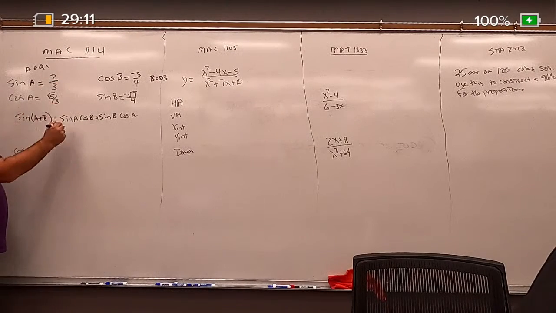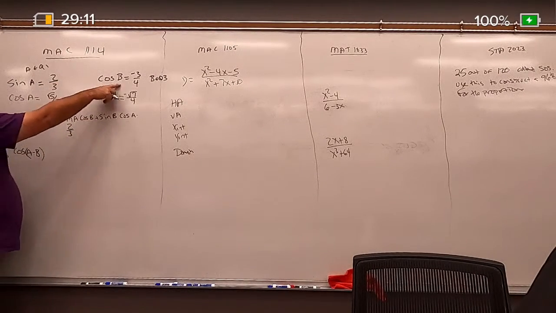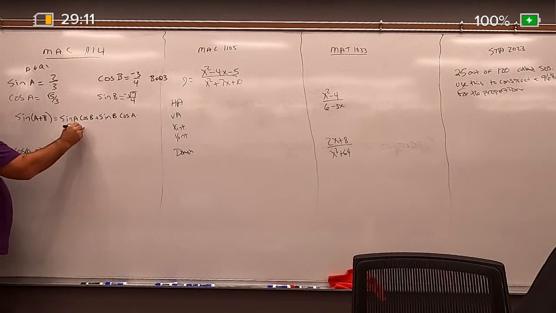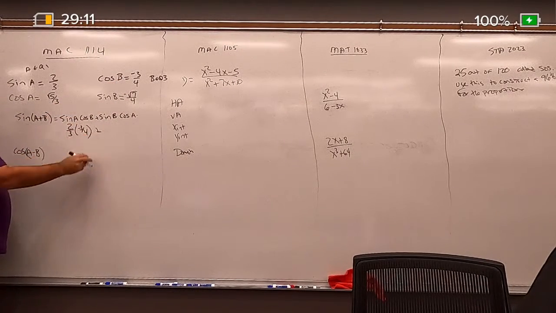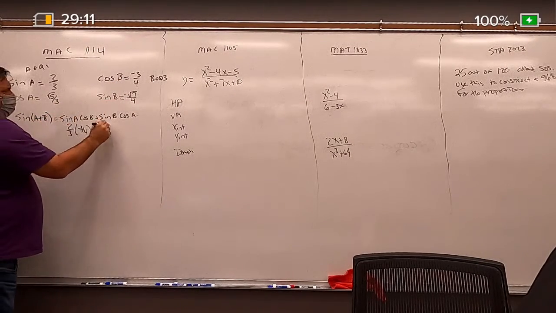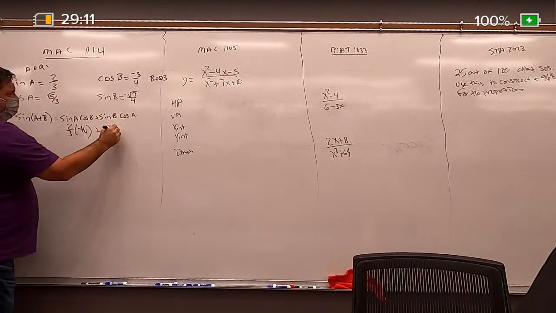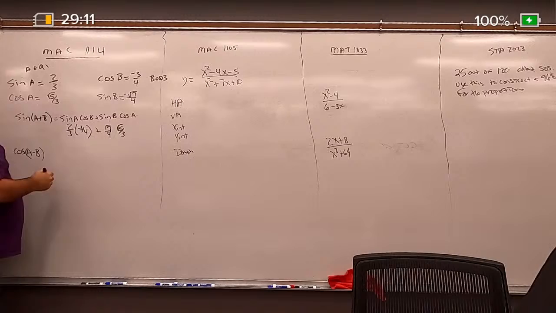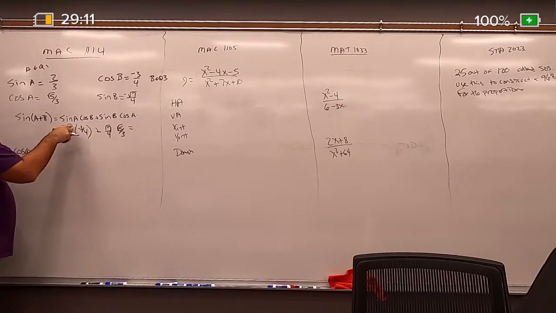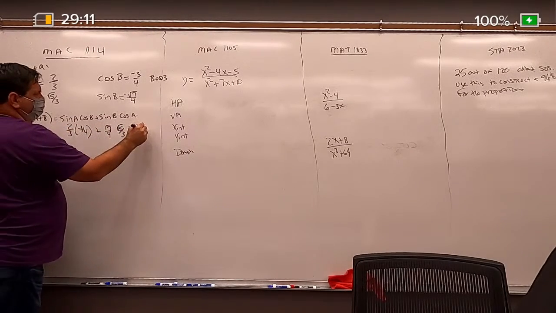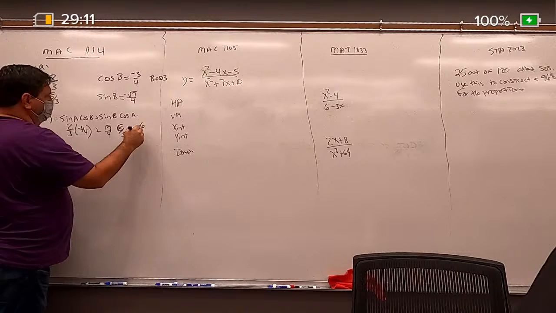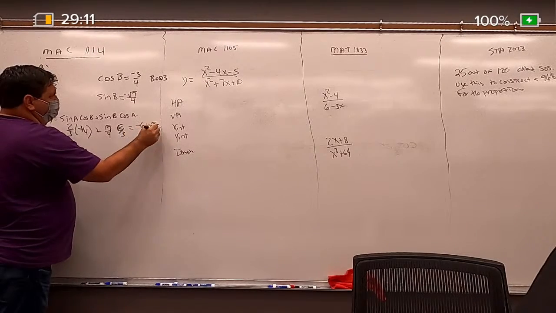Sine A is 2/3. Cosine B is negative 3/4. Sine B is square root of 7 over 4. Cosine A is square root of 5 over 3. So what do you get? Negative square root of 35, negative 6 plus the square root of 35 over 12.